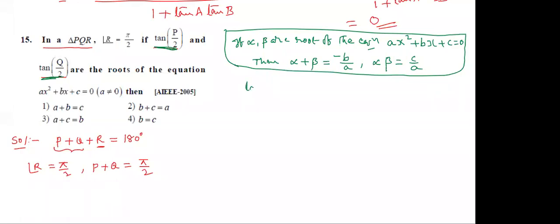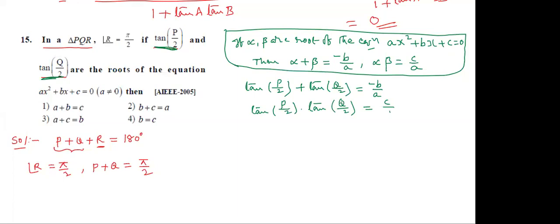But here, in place of alpha and beta, they have given tan p by 2, tan q by 2. So tell me the sum of the roots: tan p by 2 plus tan q by 2, that is minus b by a. Product of the roots, tan p by 2 into tan q by 2, is equal to c by a.